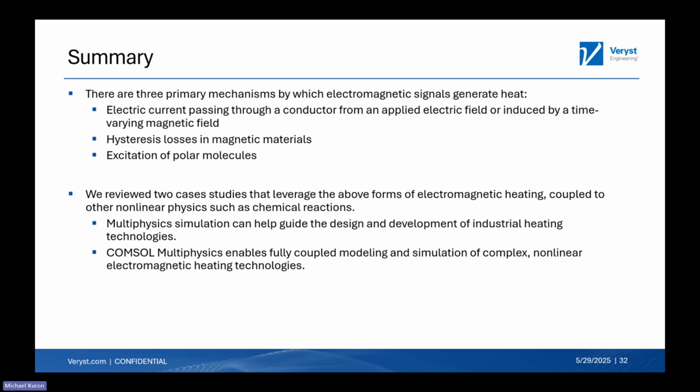And then we studied a few case studies that leverage the above forms of electromagnetic heating coupled to other nonlinear physics to demonstrate how multiphysics simulation can help guide design and development of these types of heating technologies, and how COMSOL Multiphysics in particular enables a fully coupled modeling and simulation of these complex and nonlinear heating technologies.